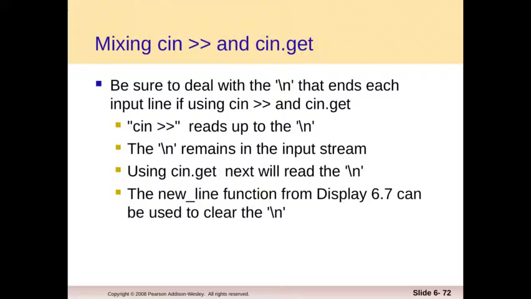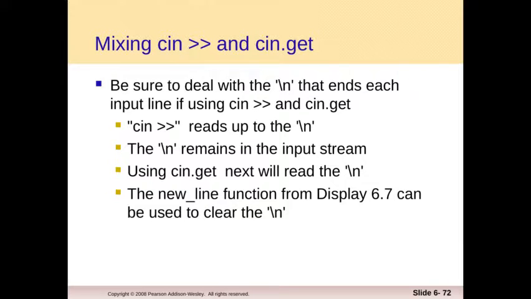Okay, when you want to mix the extraction operation and the cin.get, or not just on cin, the .get member function of any input stream, when you want to mix them together, you have to watch out for something. You always have to keep in the back of your mind that the extraction operation reads up until white space, but it puts the white space back into the input stream.